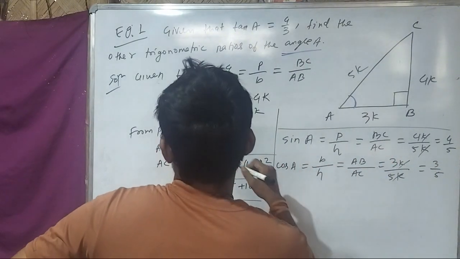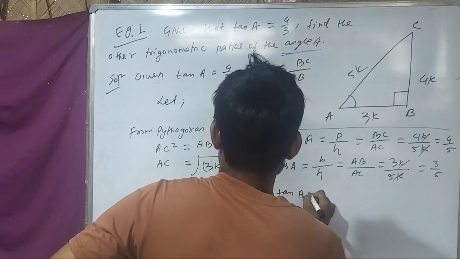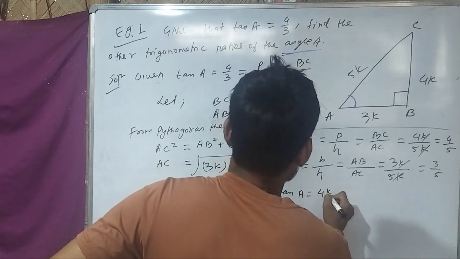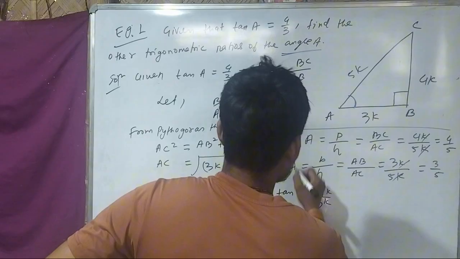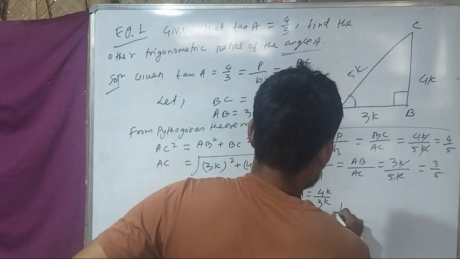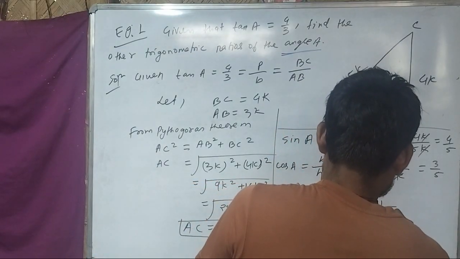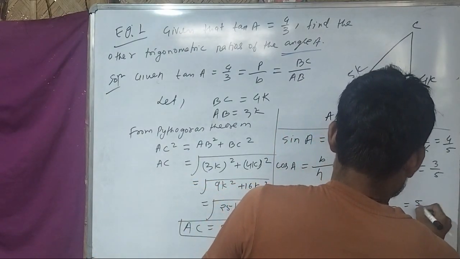Now tan is given, and we have sin, cos and tan. Next are cosec, sec and cot, which are the reciprocals of sin, cos and tan. Cosec A will be 1 by sin A, that is 1 by 4 by 5, which is 5 by 4.